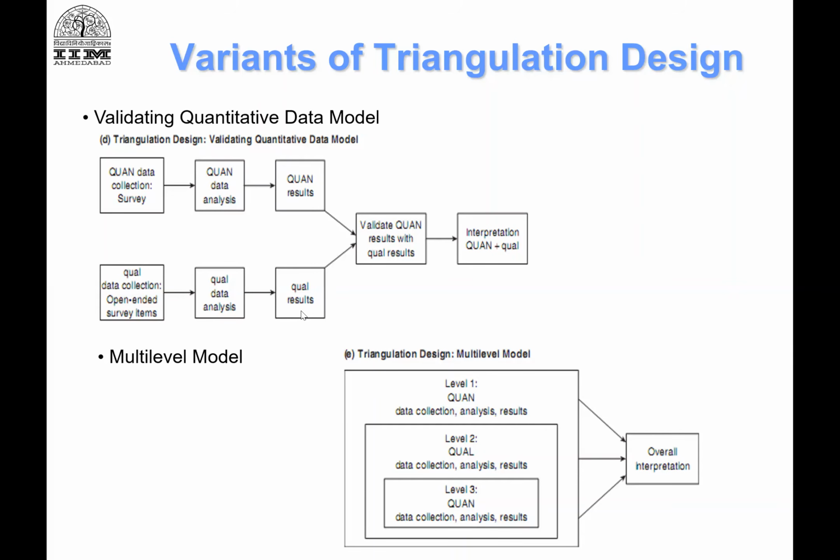You are not interviewing people, right? You are just validating some of the quantitative results with the qualitative results. So in your paper, you will say that I gave some open-ended questions towards the end of the survey, and this is what people wrote, which helps me validate or triangulate the results that I have obtained from the quantitative data.